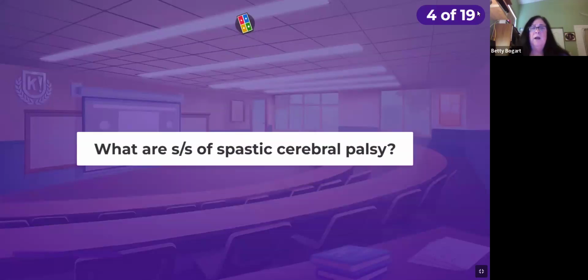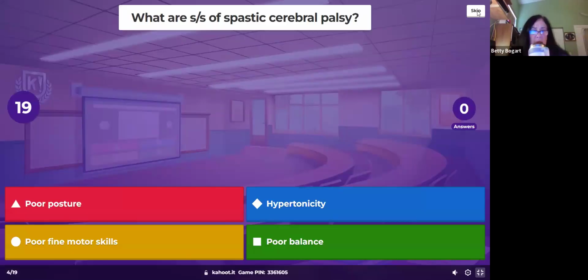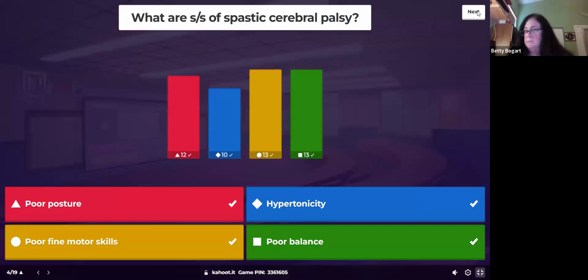What are signs and symptoms of spastic cerebral palsy? So, when we talk about cerebral palsy, we talk about a child that can't control their muscles well.